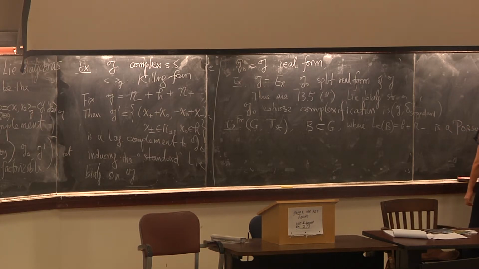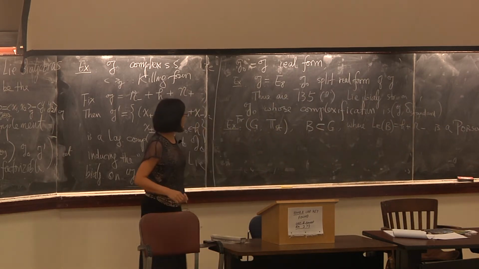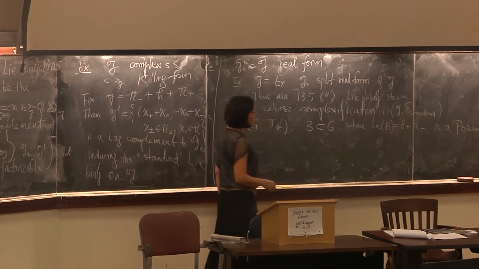For those of you who know this subject, G is almost the double of this Poisson Lie subgroup. So not only do the semisimple ones have interesting Lie bialgebra and Poisson Lie group structures, they also have interesting Poisson subgroups.